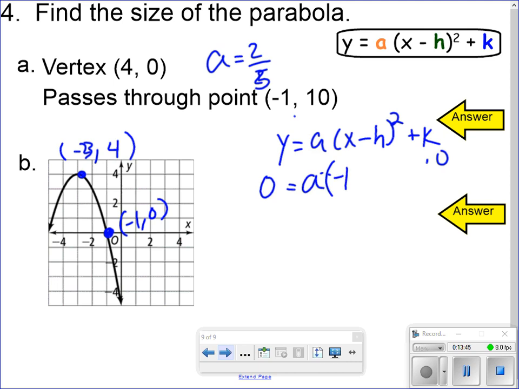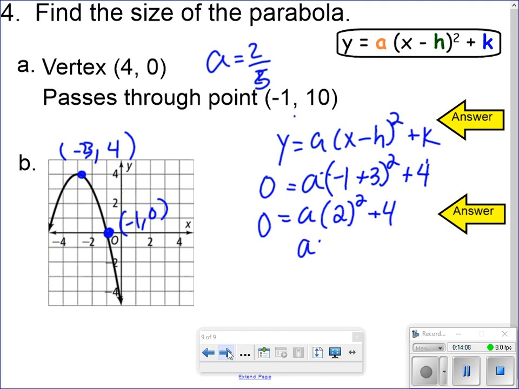My h is -3, so when I put that in, it's going to change that to +3 squared plus k, which is 4. Alright, so I've got 0 equals A, -1 plus 3, which is +2 squared plus 4. I've got A times 4 plus 4 equals 0.